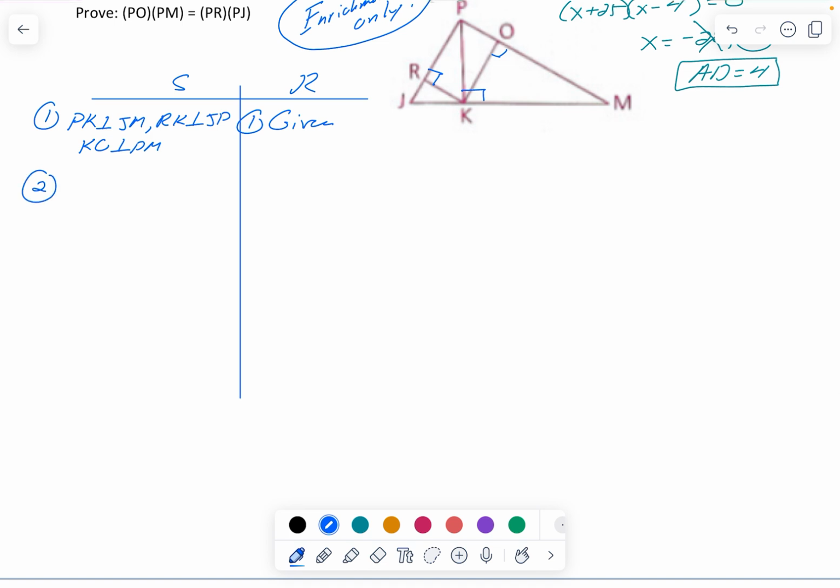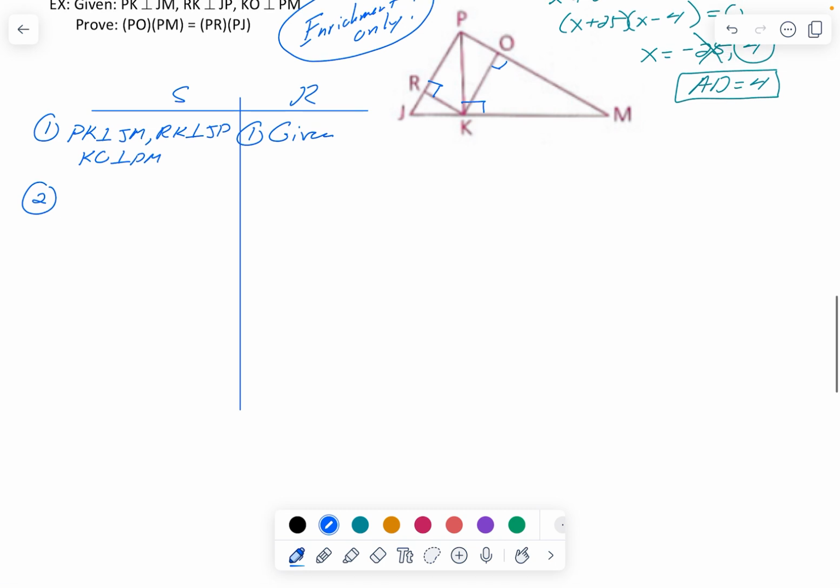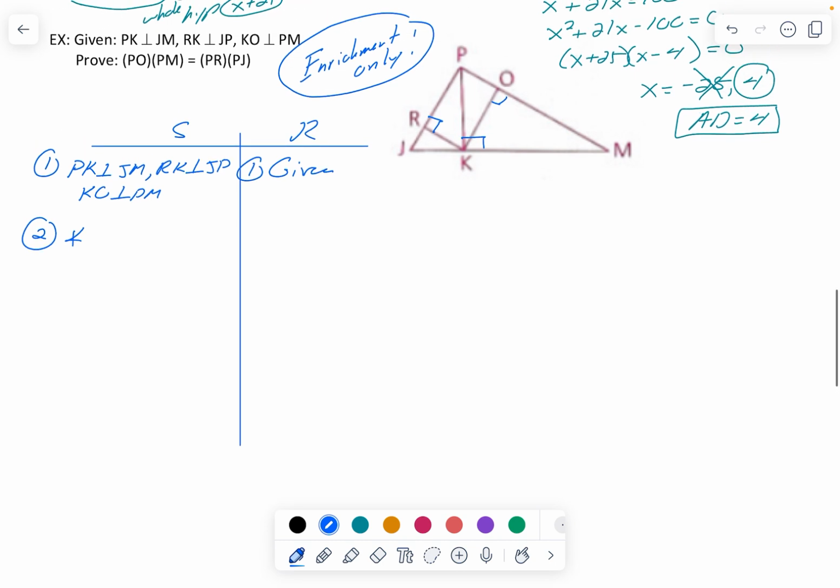So we know that perpendiculars mean right angles. So I'll just say them: angle KRP and angle KOM and angle PKM are right angles.